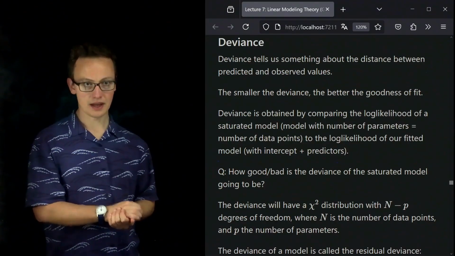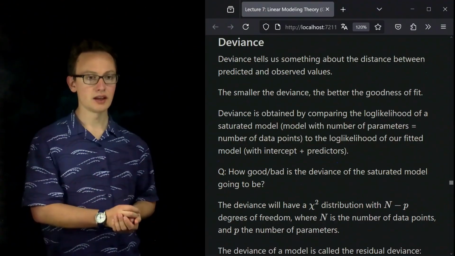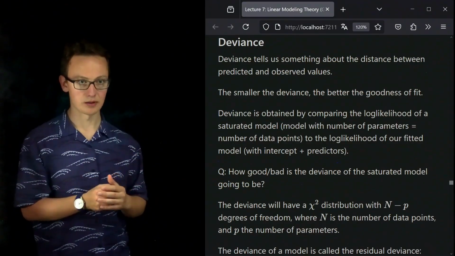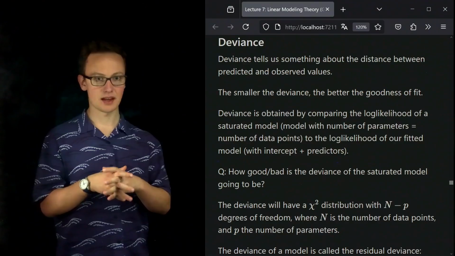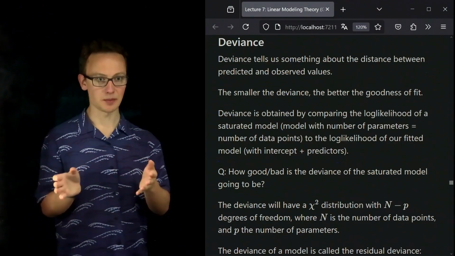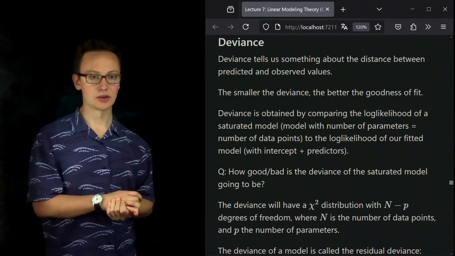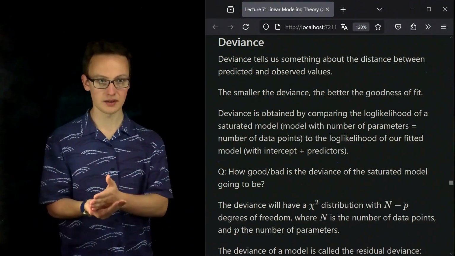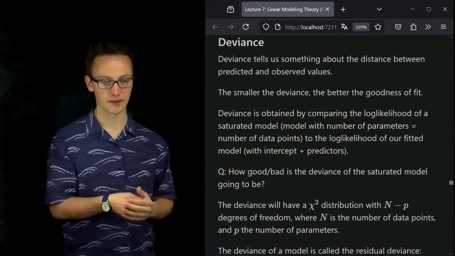The deviance as a numerical metric can be obtained by comparing the log likelihood of a saturated model, that is a model which has as many parameters as there are data points, to the log likelihood of our fitted model, that is a model, for example, with an intercept and one or more predictors.